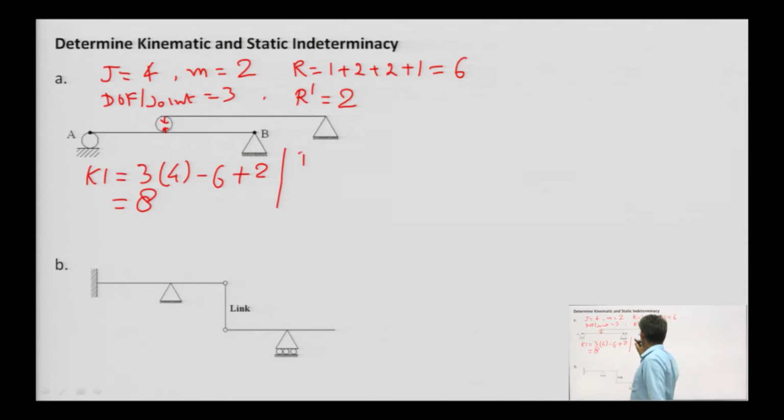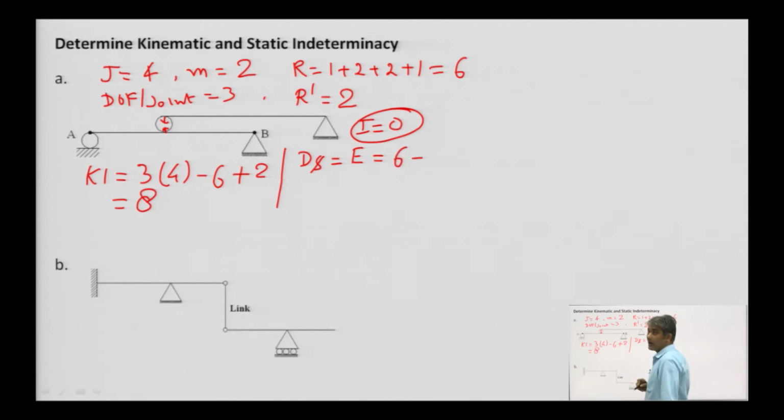Static indeterminacy, ds is equal to E external. We know that the value of internal indeterminacy in case of a beam is 0, no need to calculate. Value of E is capital R, which is 6, minus small r, the equilibrium equations 3, sigma fx 0, sigma fy 0, sigma m 0, and the additional equilibrium equation we have is 2 R dash minus 2.